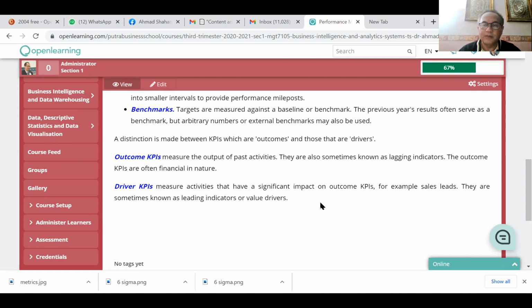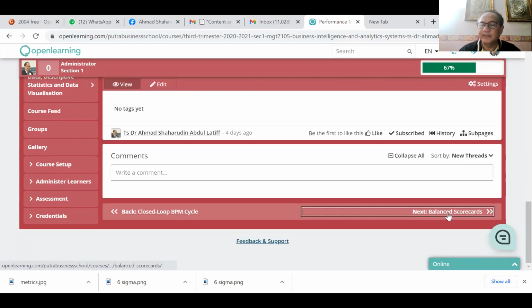For example, production: in order to have a larger number of sales, you need to have a large number of production. So that is the outcome KPI and driver KPI. You can put that in your dashboard and so on. Any question?